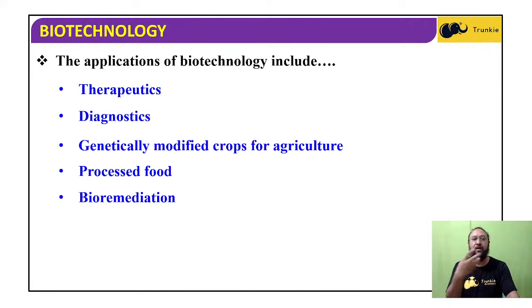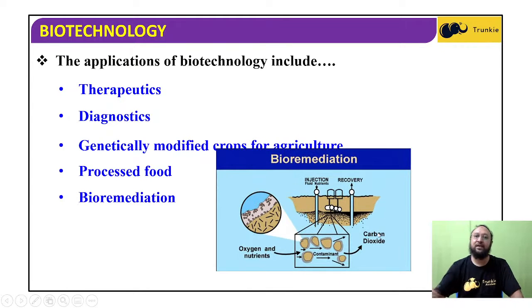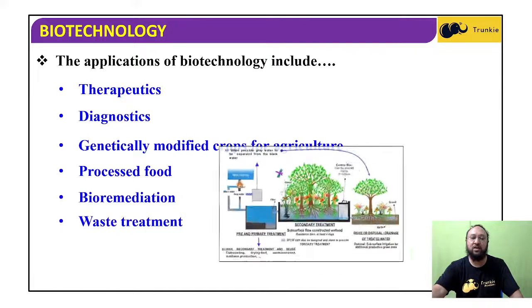We are also applying this biotechnological process to change sewage or any other pollutant into useful products or substances, like carbon dioxide, oxygen, and nutrients. With the help of bioremediation, the quality is improved.